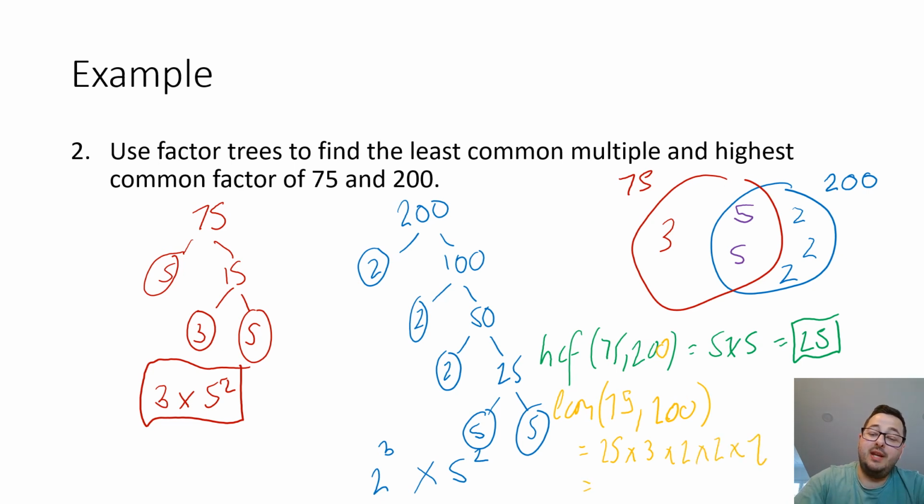So 75 is 25 times 3, double that is 150, double that is 300, and double that is 600. So I think it's 600.